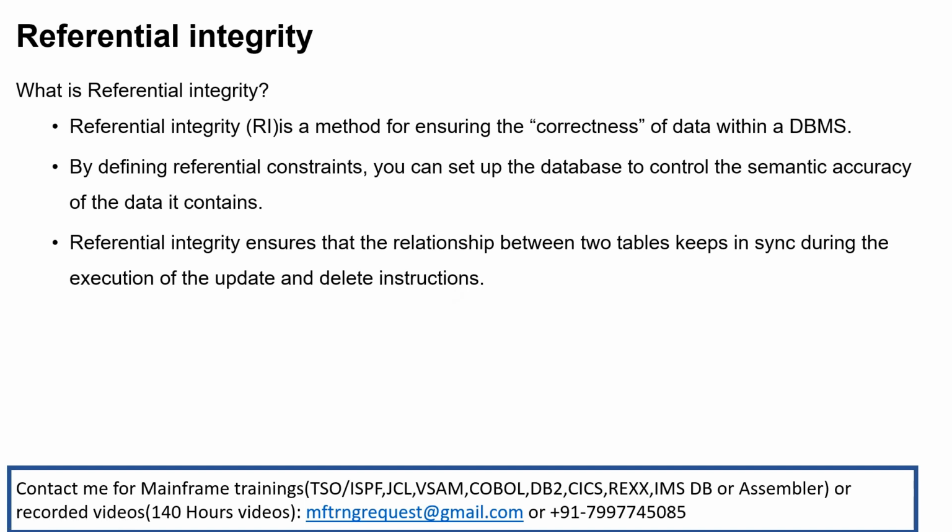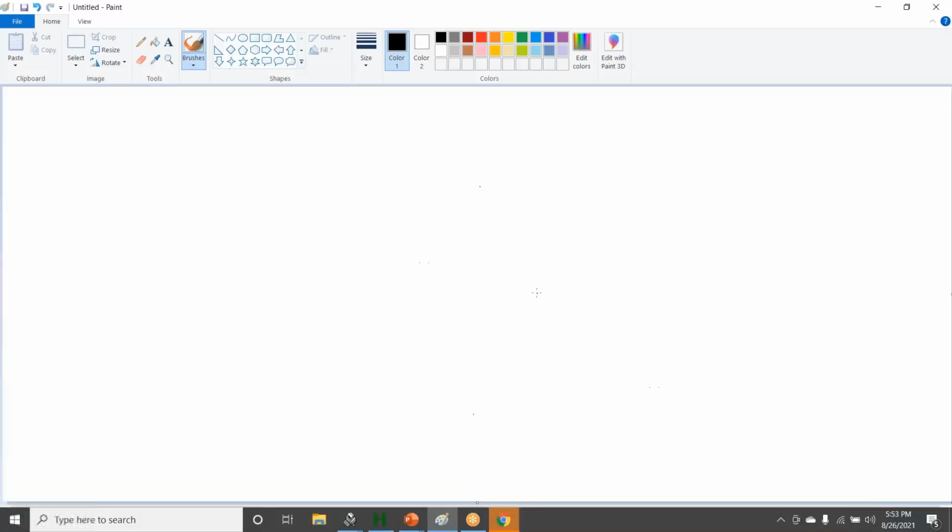If you want to create referential integrity, basically we need two tables. So I have explained what referential integrity is and given a definition. Let me explain practically how referential integrity is going to work. I'll take one or two examples here.